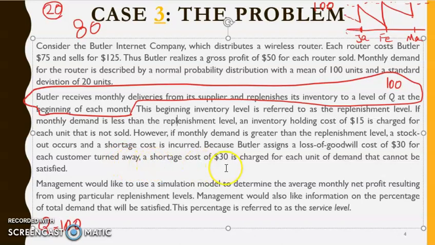A shortage cost of $30 is charged for each unit of demand that cannot be satisfied.